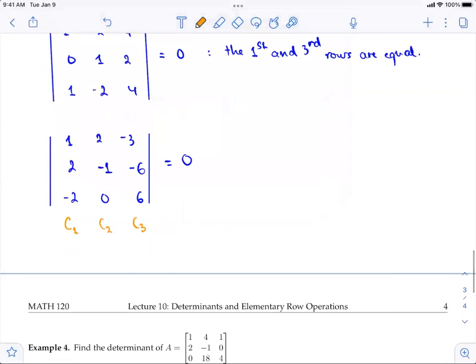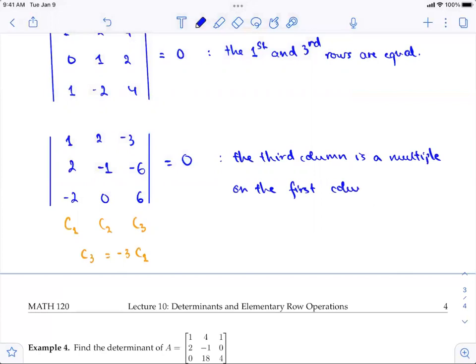The third column is equal to -3 times the first column. So one column is a multiple of another column. In this case, the third column is a multiple of the first column.